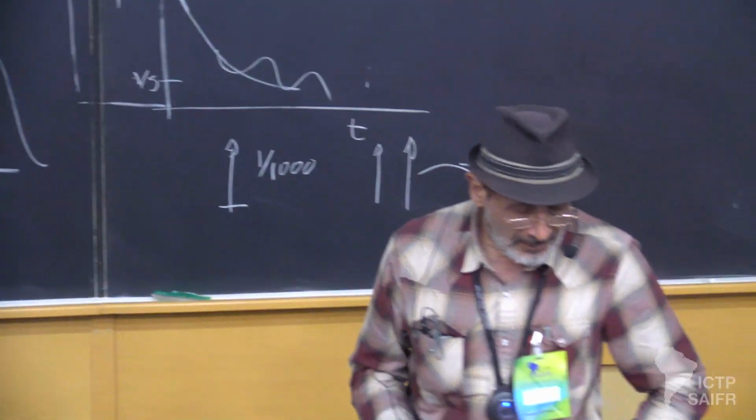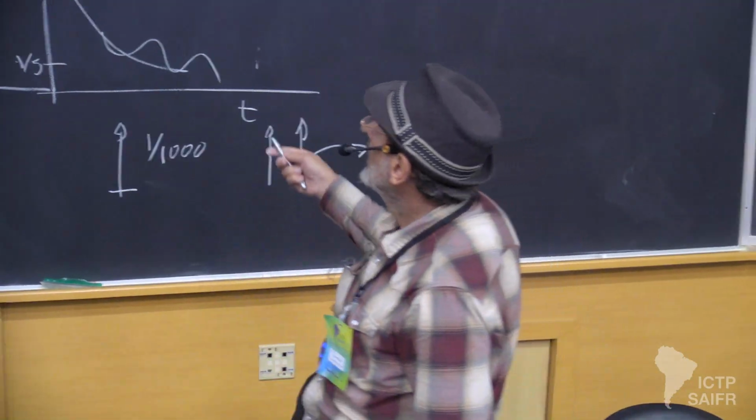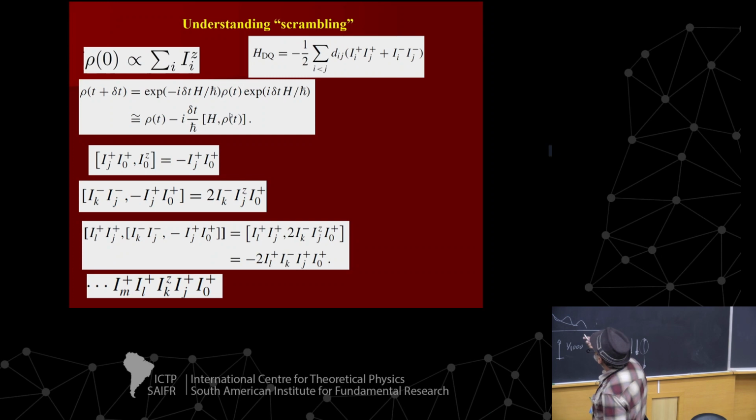And how do you write this correlation? Essentially, you have this initial excitation, so I put only the excited spins up, and the rest is just my one in the density matrix. And the evolution of the density matrix in the presence of the Hamiltonian is the commutator of the density matrix with the Hamiltonian.